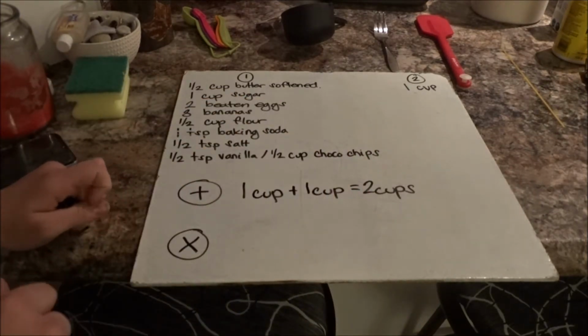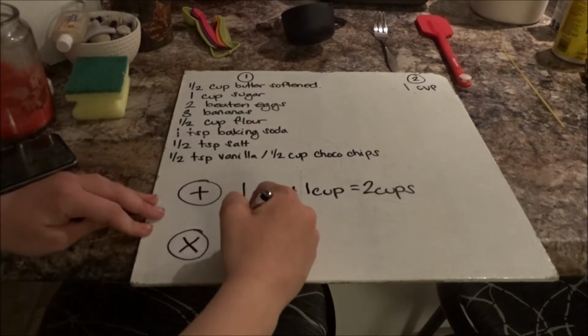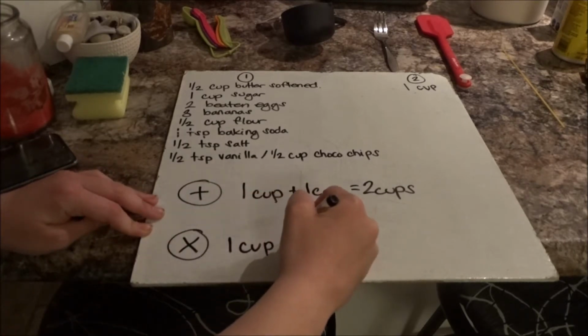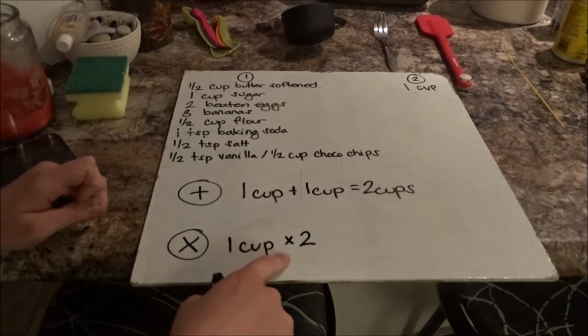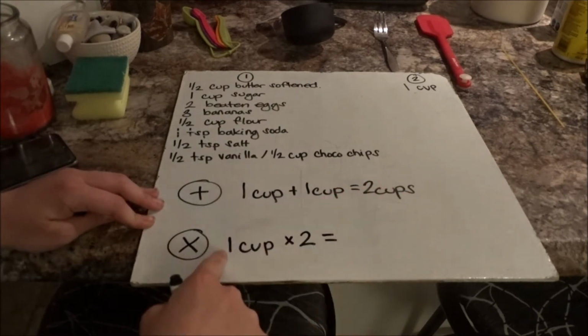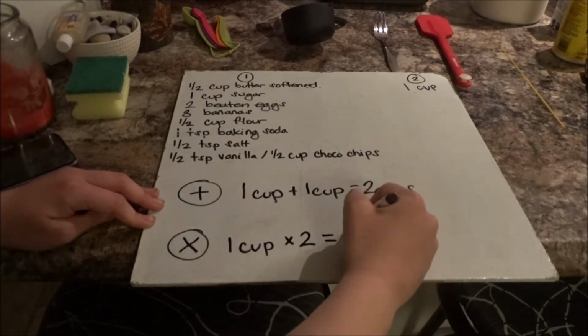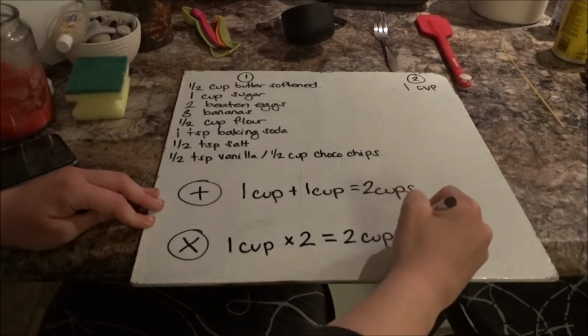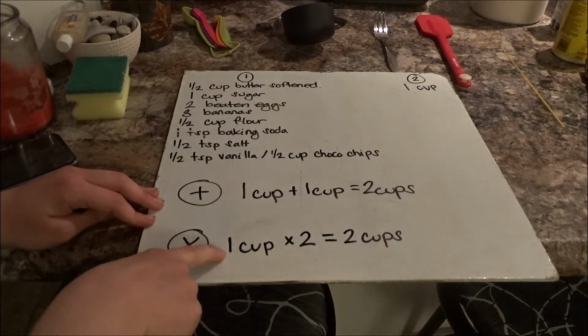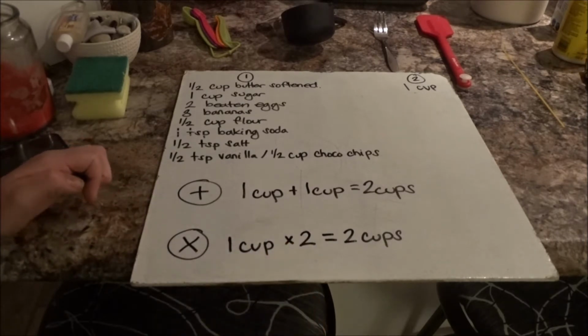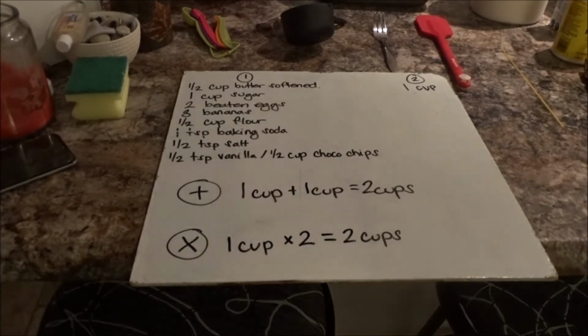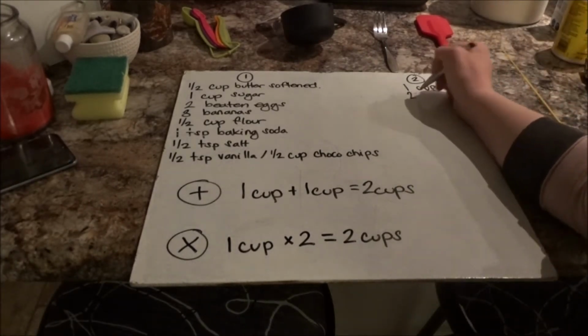Now if we were going to multiply this, you would do 1 cup multiplied by 2. So 1 cup times 2. 1 times 2 is 2. Anything times 1 is itself, and anything times 2 is double itself. Alright, so we have our sugar done.